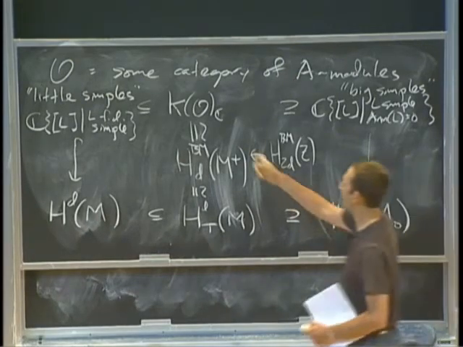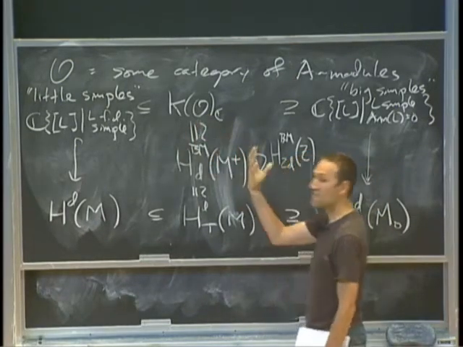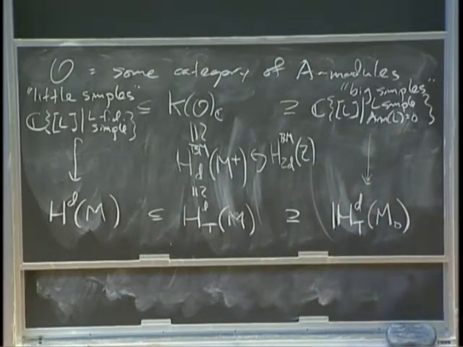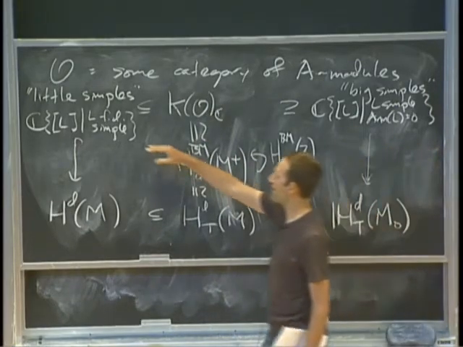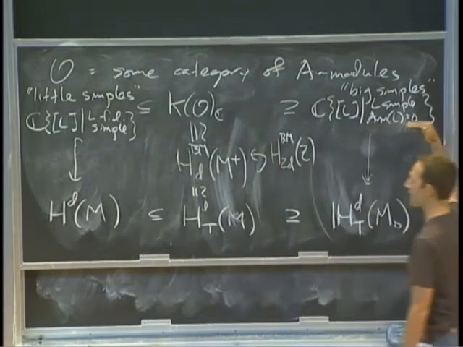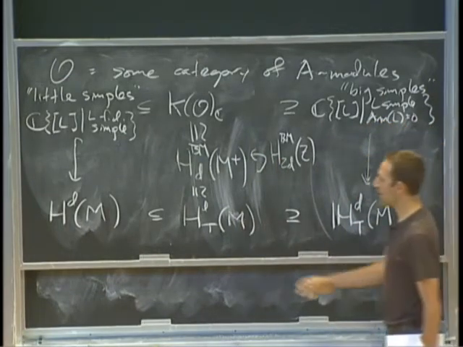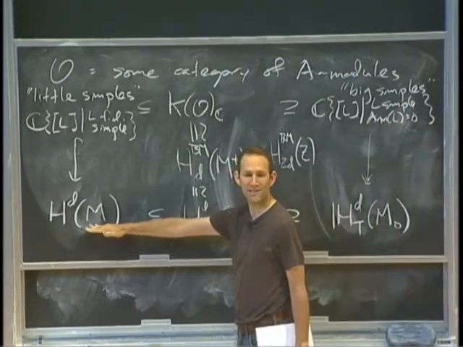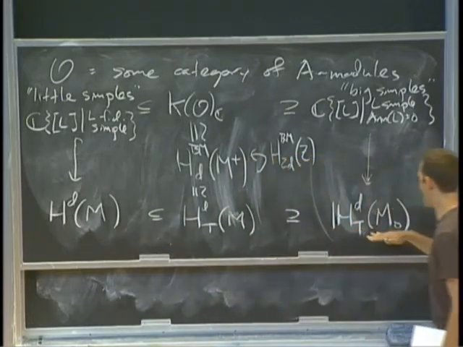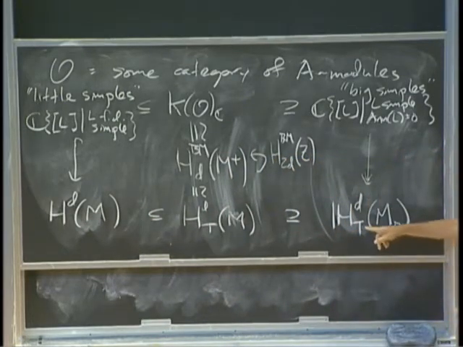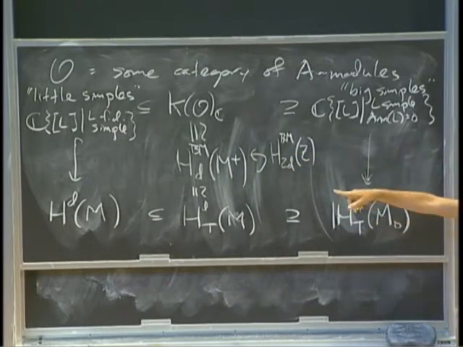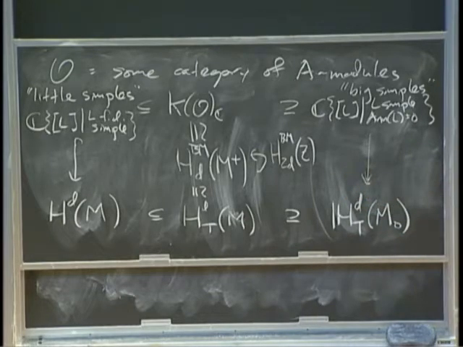So I have this category O, and I have two very natural subspaces of the Grothendieck group, one spanned by the little simples and one spanned by the big simples. And these correspond to the top dimensional cohomology of M and the top equivariant intersection cohomology of the singular guy M0.